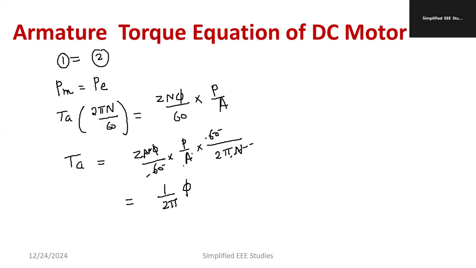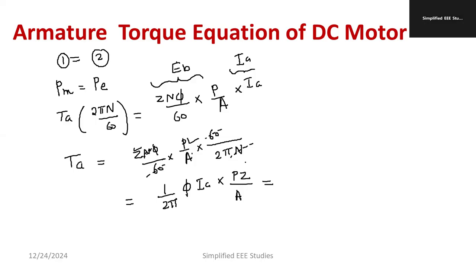IA is also remaining, which I forgot to write. Phi into IA is available, then P and Z are also remaining, so ZP divided by A. Now compute 1 by 2 pi.